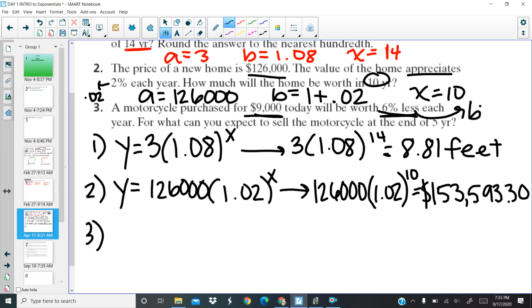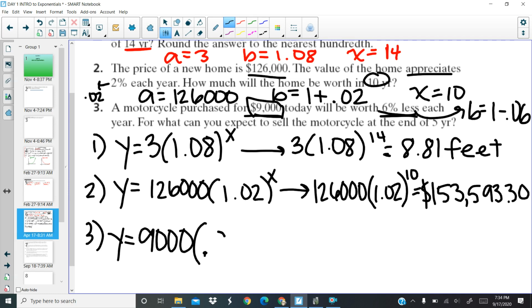So our b value is going to be 1 minus 6%, and as a decimal, that would be 0.06. So writing that out as an equation, we would have y equals our initial amount, which was 9,000, times 1 minus 0.06, that would be 0.94, and then raised to the x power.